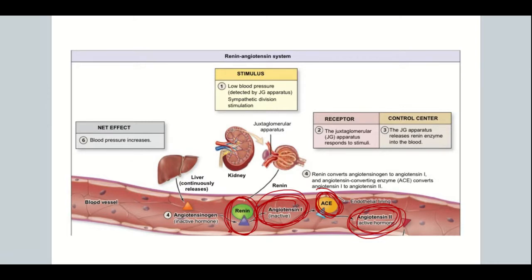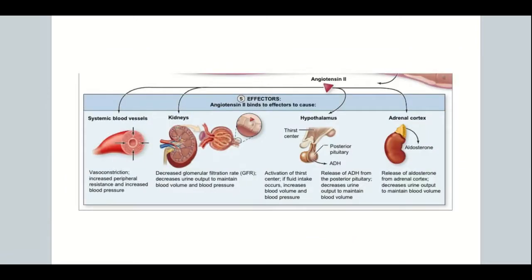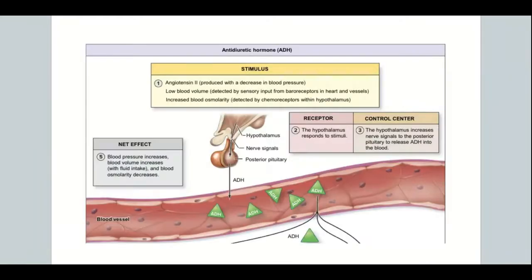We already know this because it was from the cardiovascular system, so we've already talked about these. Antidiuretic hormone is the hormone that has the most direct effect on water itself. It is made by the hypothalamus and released by the posterior pituitary, and it causes an increase in aquaporins.